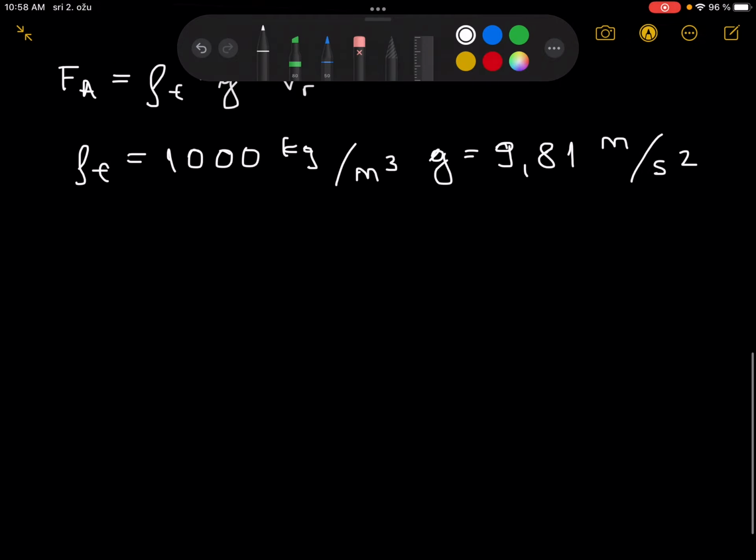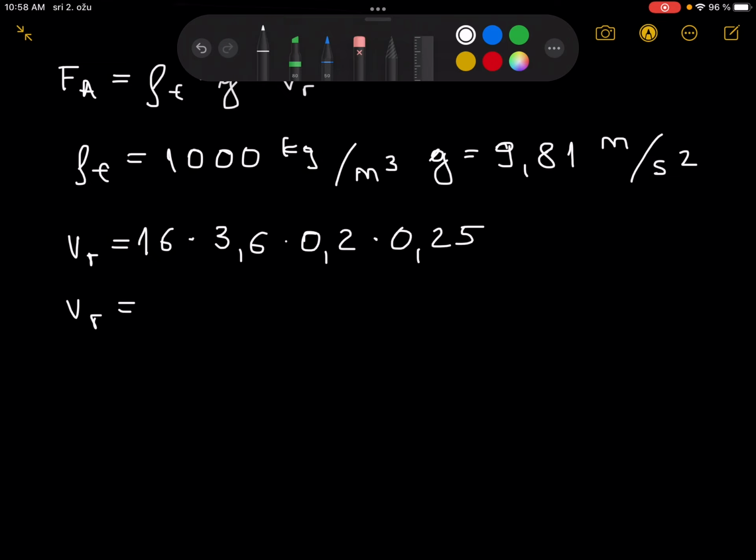Okay, so the volume of the raft is then going to be equal to 16 times 3.6 times 0.2 and times 0.25.